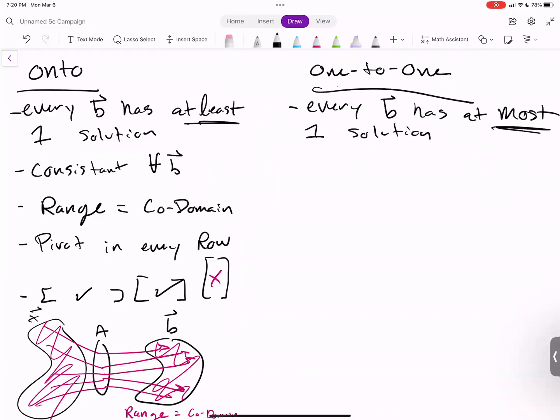Okay. So the last one talked about being consistent for all B. This one doesn't talk about that. It instead talks about each B has a unique X or is inconsistent.